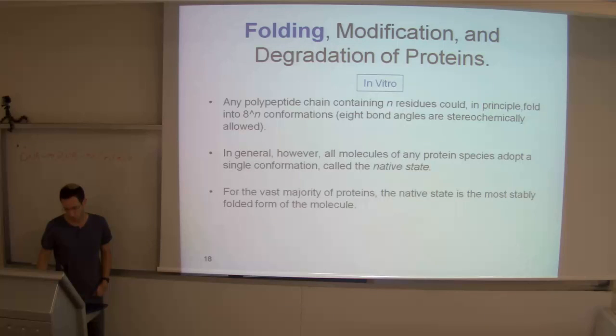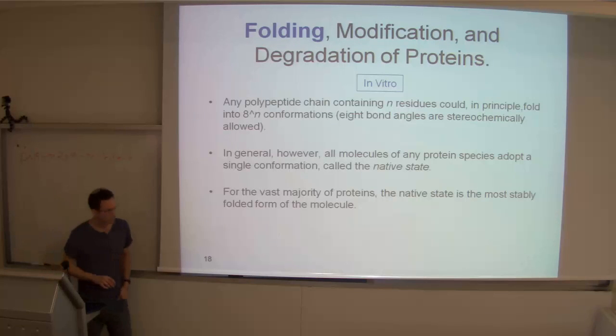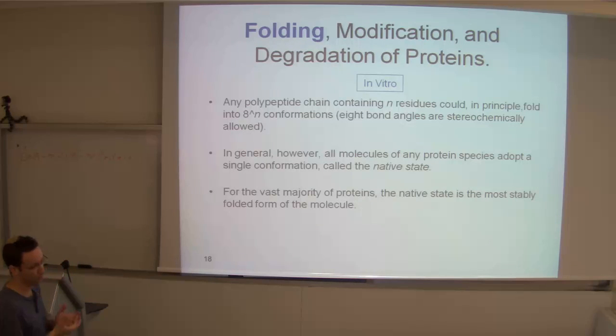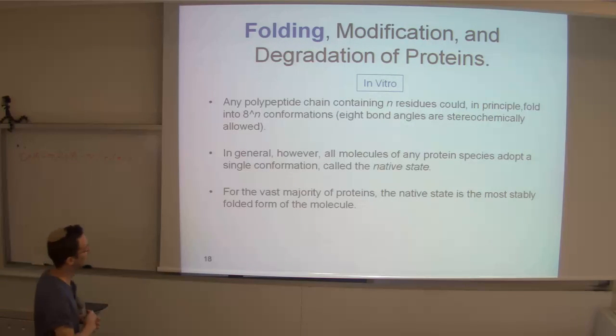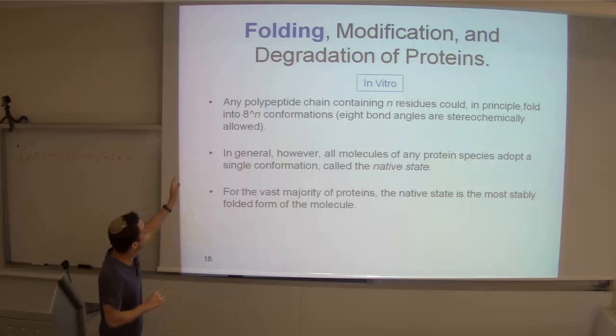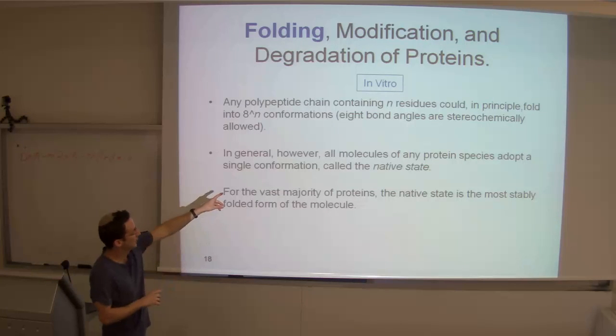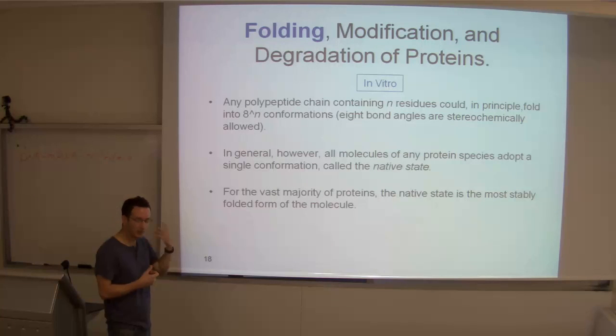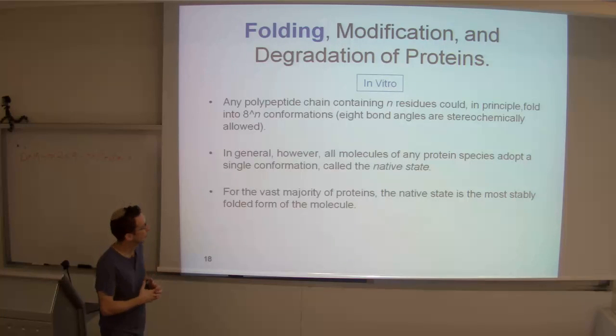In vitro, in the test tube, a nice calculation of how many conformations there are for a single polypeptide is that any polypeptide chain that contains n residues can in principle fold into 8 to the power of n, because for chemical reasons there are angles that are stereochemically allowed in a polypeptide.